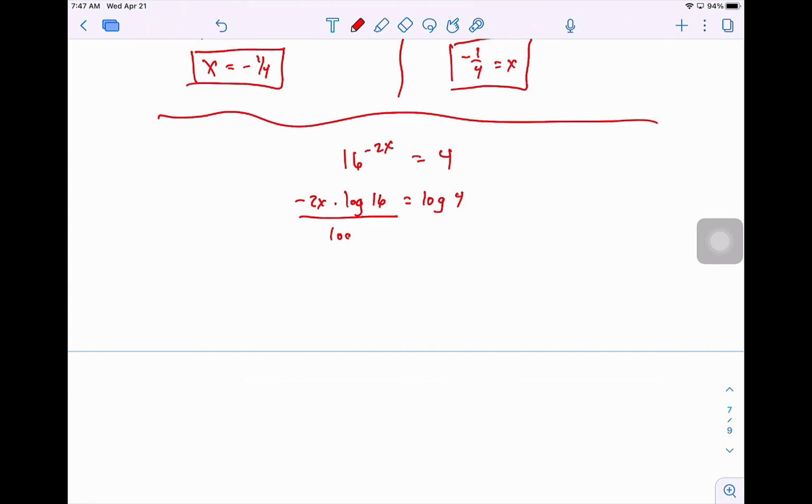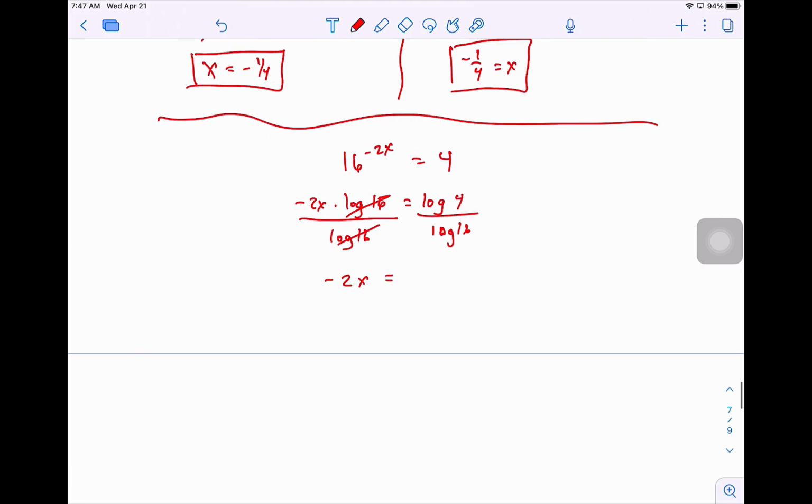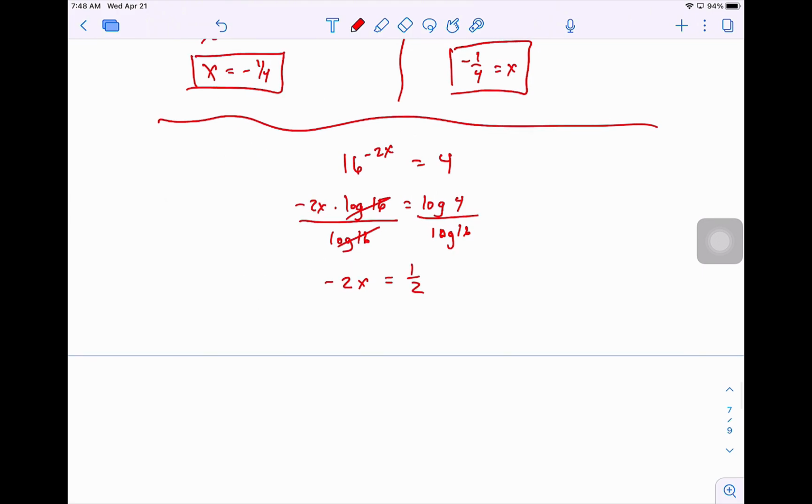Divide both sides by the log of 16. You get negative 2x equal to the log of 4 divided by the log of 16, and if you type that into the calculator, that's going to give you 1/2. So that answer is actually 1/2. Divide both sides by negative 2, and we're right back to where we were above, giving you x equal to negative 1/4, a third different way.